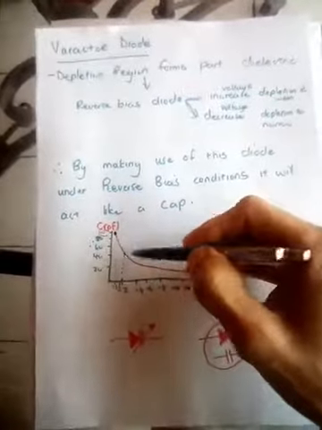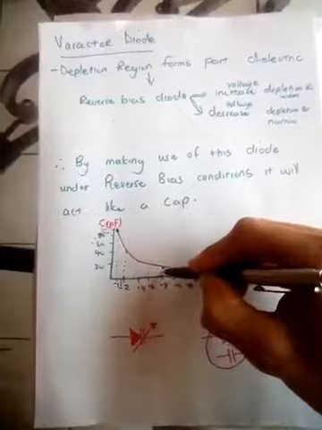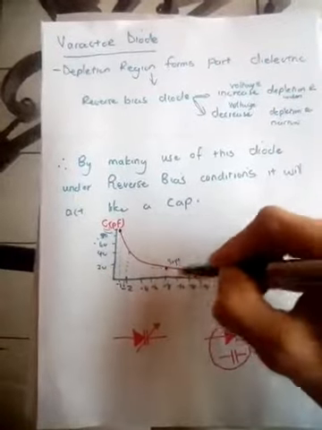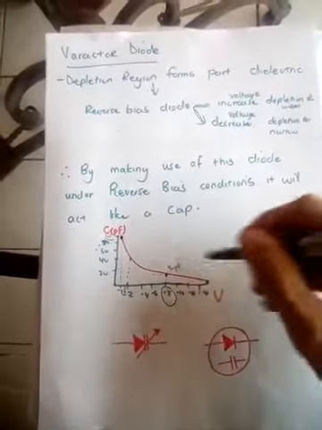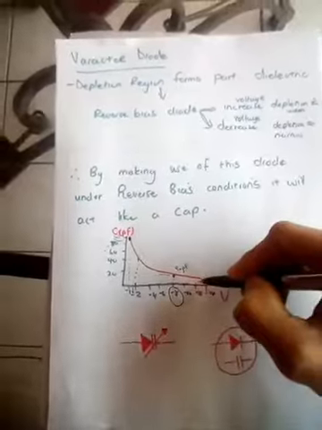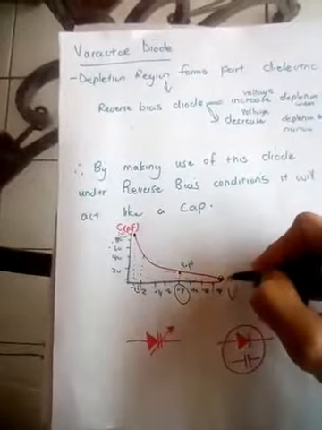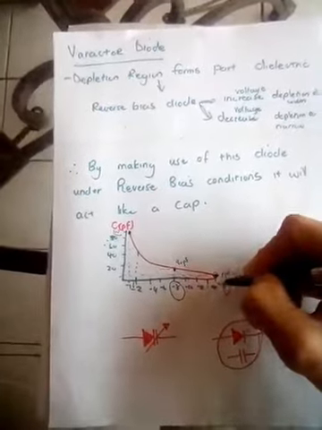Then if I look at this point, which is 20 picofarads, my voltage is -8. If I look at this point, which is approximately 8 picofarad, my voltage is -16 volts.